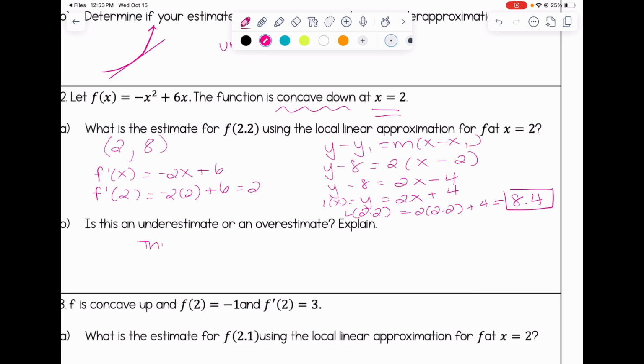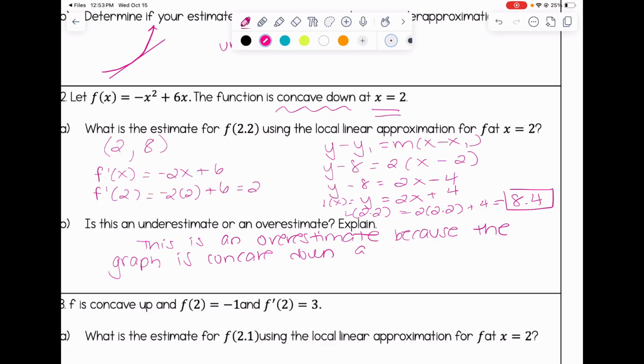So I'm going to say this is an overestimate because the graph is concave down at x equals 2, which means the tangent line is above the curve.